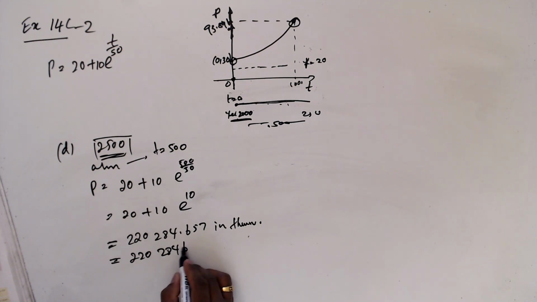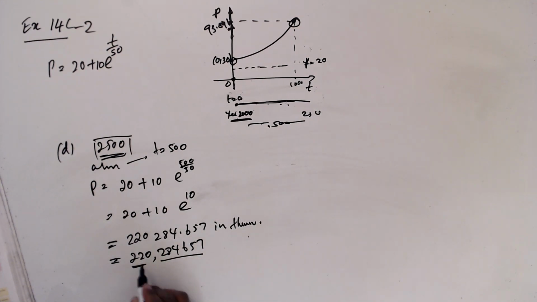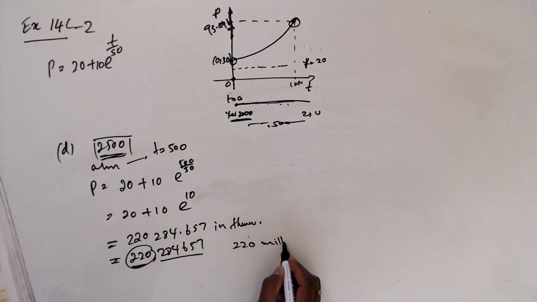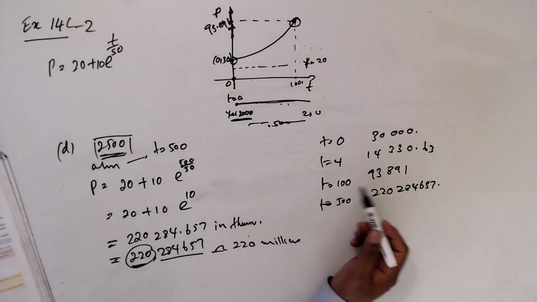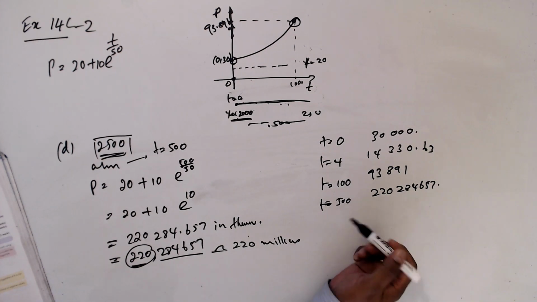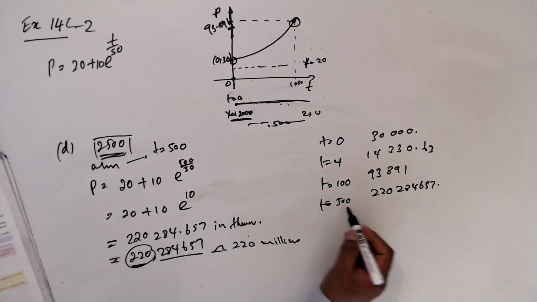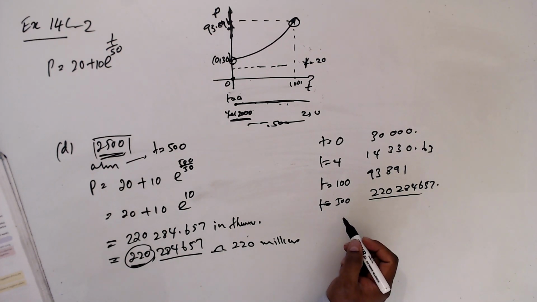220284, I will multiply by 1000. So basically 220 million approximately. When you look at t equals 0, 30,000, and when t equals 500, we are expecting 20 million.